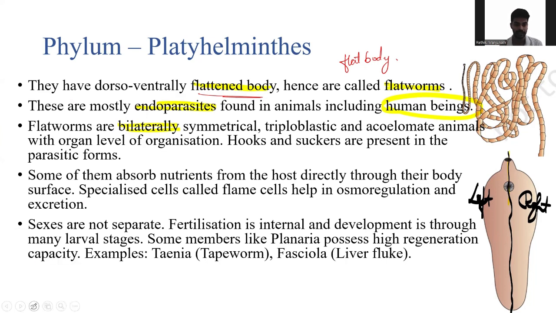This is one point. And the next point is they are triploblastic and acoelomate animals.